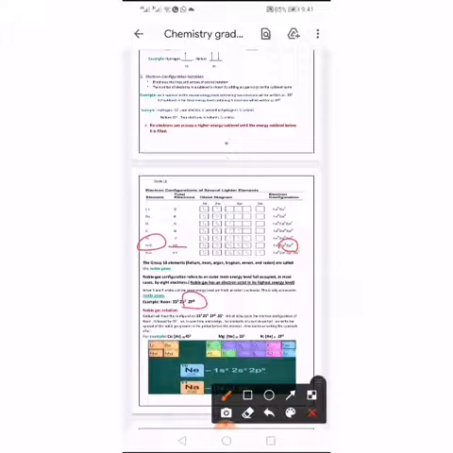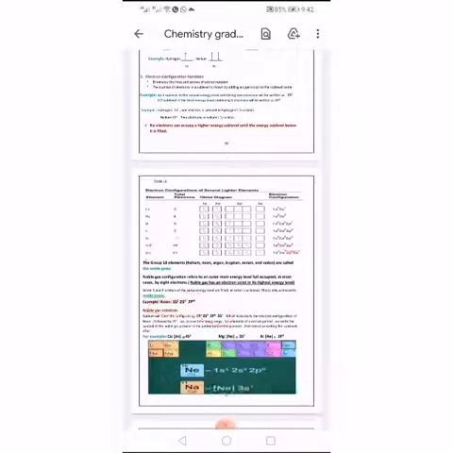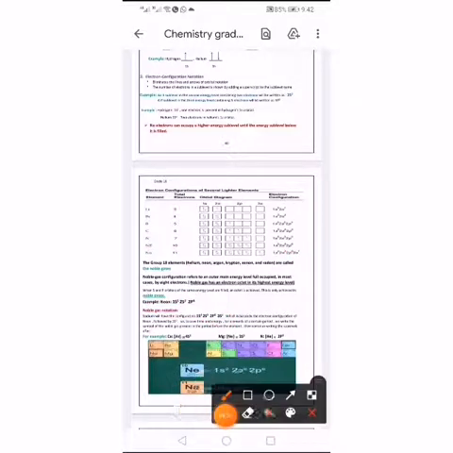Noble gas notation is the third way to write electron configuration. Sodium has the configuration 1s2, 2s2, 2p6, 3s1. So we can use the noble gas in the electron configuration of sodium. Look, sodium has atomic number 11, while neon has atomic number 10.